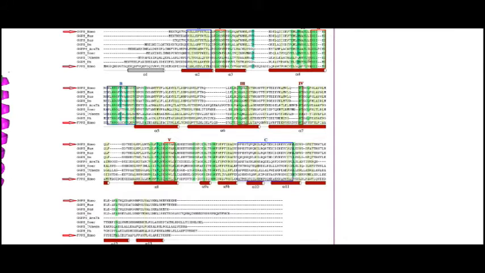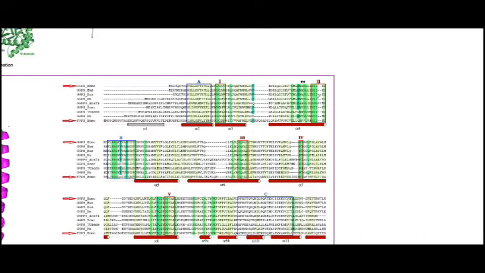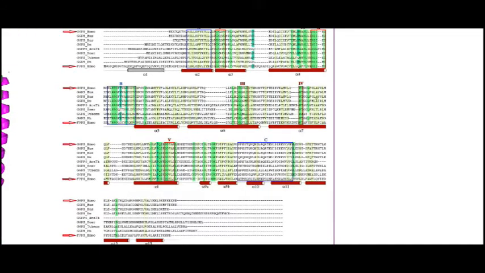And so then over here we can see we have these D's and these isoleucines. So the D's are the aspartates, and the isoleucines. So we have this conserved region here.